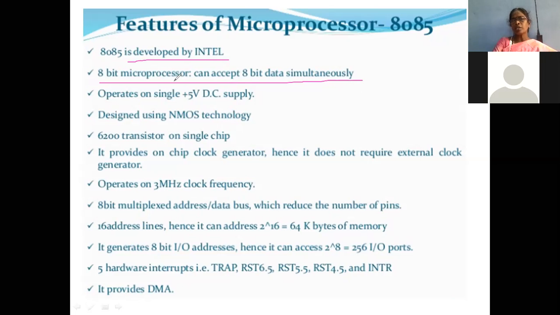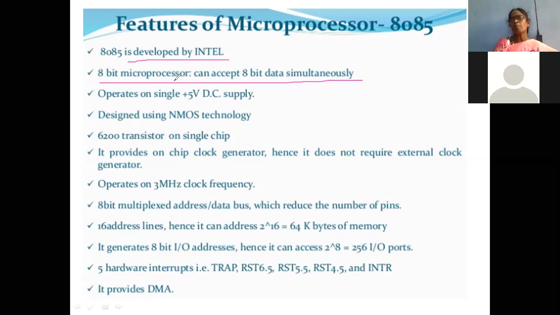So you will study the 8086 processor also. The 8086 microprocessor we call a 16-bit microprocessor, which means it consists of 16 data lines, and all the registers used in the ALU unit can store 16-bit data. So any processor can be called an 8-bit processor, 16-bit processor, and then 32-bit.